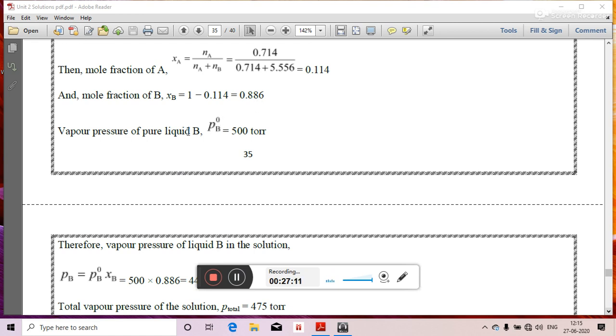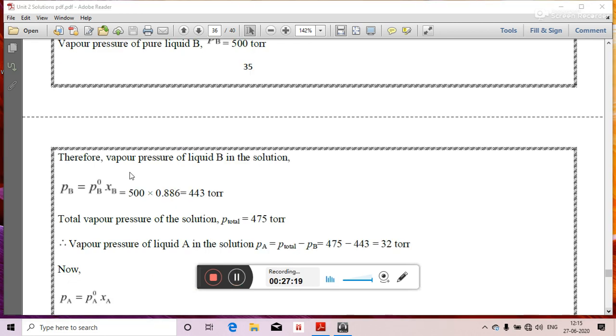Now vapor pressure of pure liquid B in the question is given as Pb naught equal to 500 torr. Therefore, vapor pressure of liquid B in the solution Pb equal to Pb naught into Xb. That is equal to 500 into 0.886, so that is equal to 443 torr.